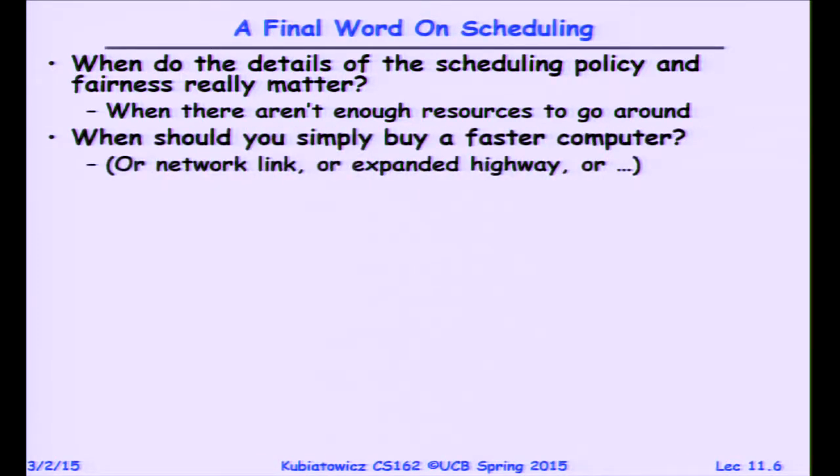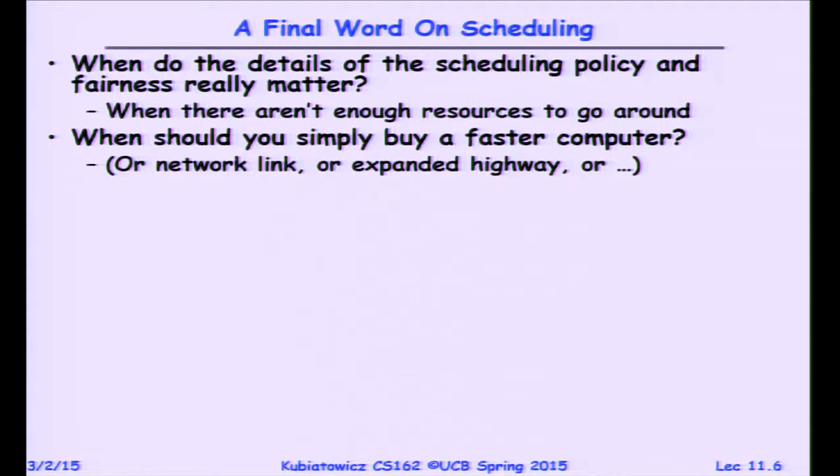And you can simply ask the following question. The one caveat to that first statement has to be in the real-time domain, where your ordering might actually matter pretty essentially. But when should you simply buy a faster computer rather than trying to go for a more sophisticated scheduling algorithm? This is a good question, right?